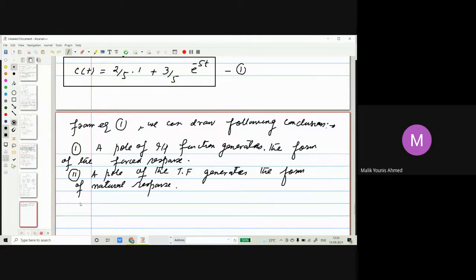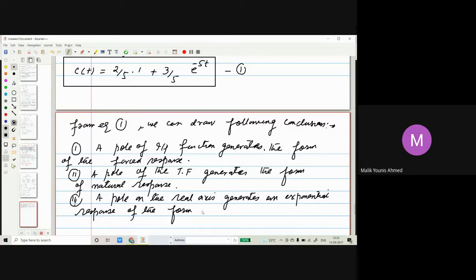Third: a pole on the real axis generates an exponential response of the form e raised power minus alpha t, where minus alpha is the pole location.